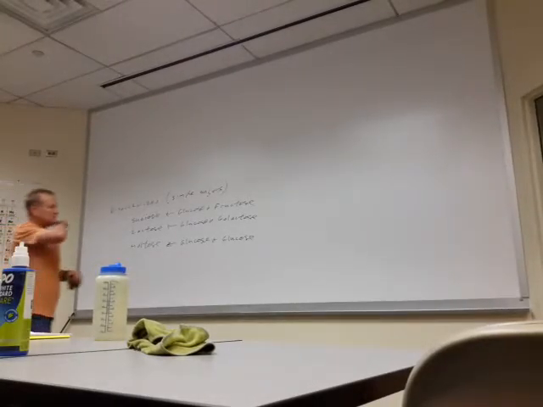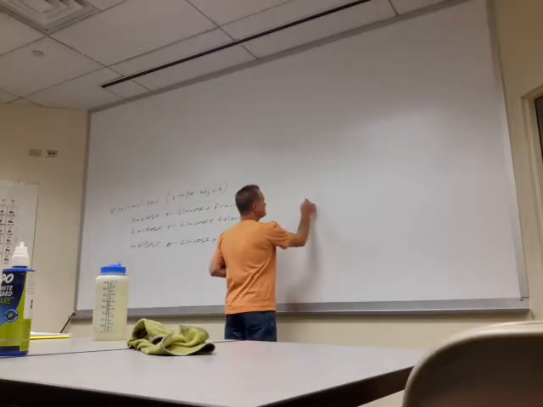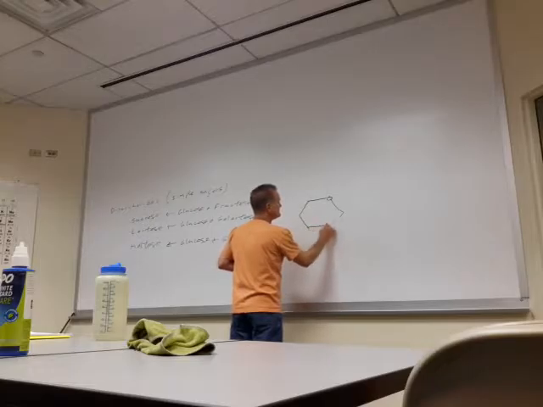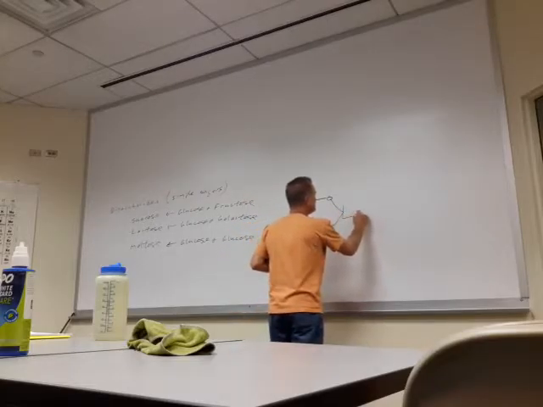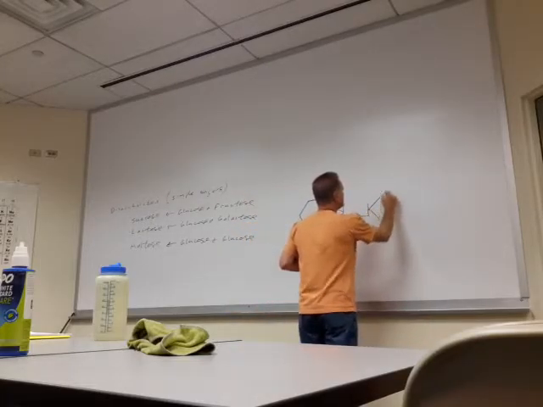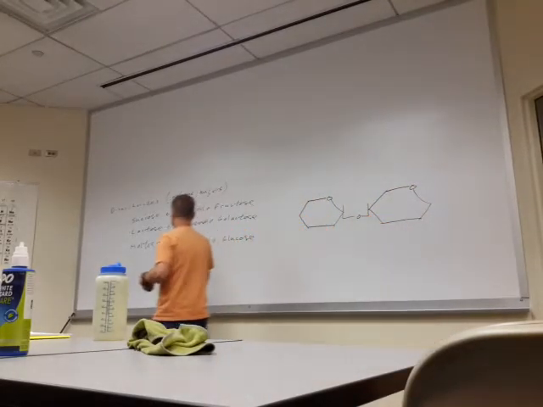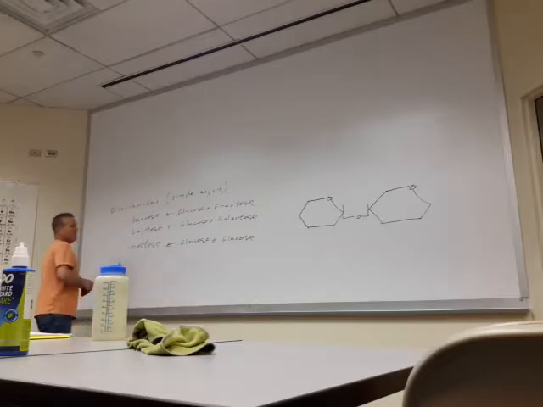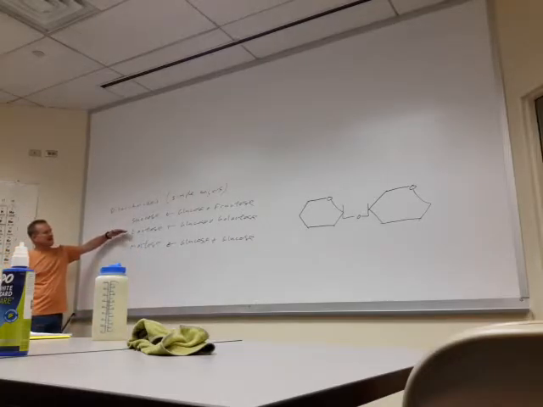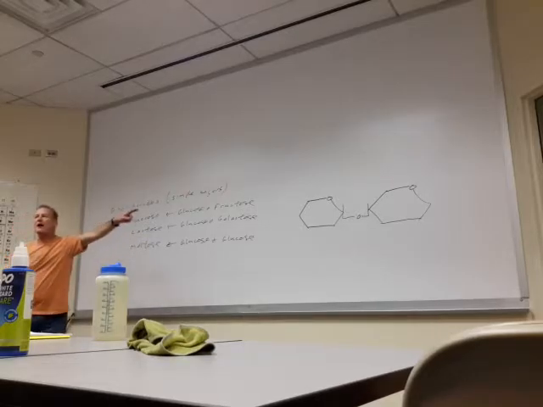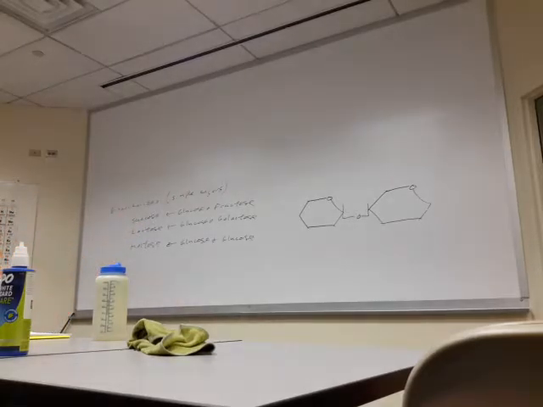Okay, that stuff I just erased. Remember I said keep this where you can see it. You're about to apply it. Here we go. Which of these disaccharides could that not be a picture of?